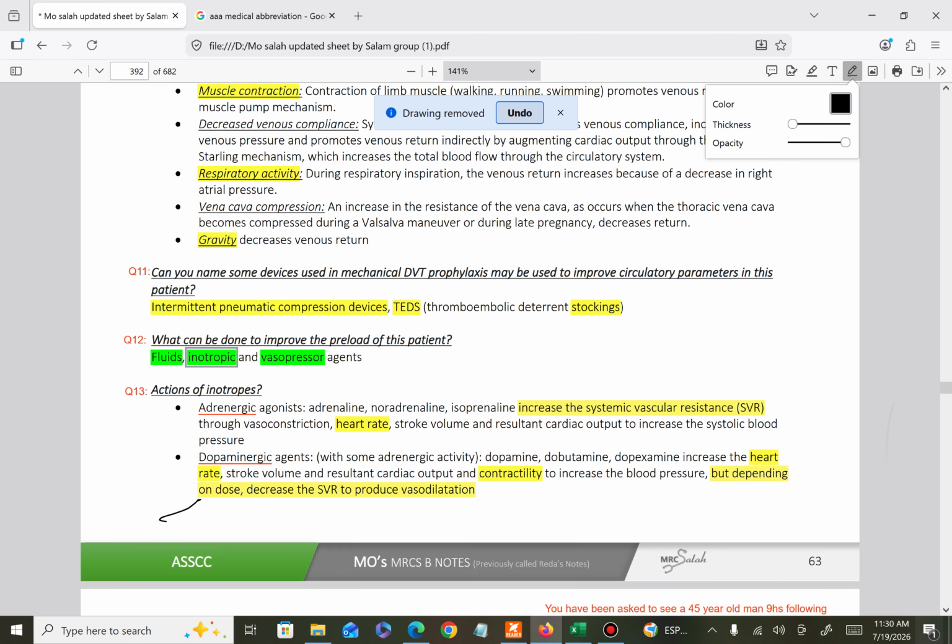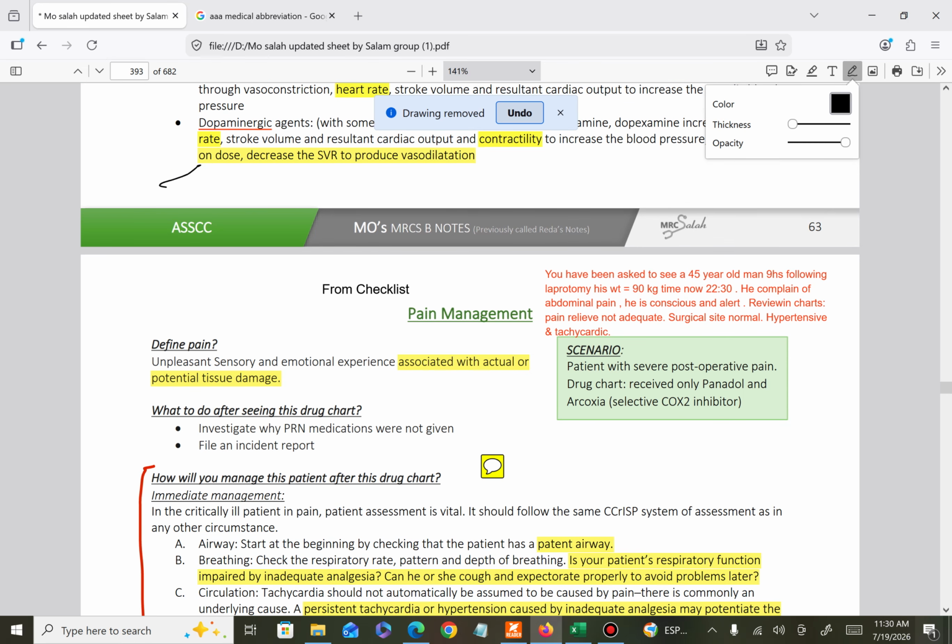Then the next station is pain management. The scenario is a patient with severe post-operative pain. On the drug chart he received only Panadol and Arcoxia, which is a selective COX-2 inhibitor. You have been asked to see a 50-year-old man 9 hours following laparotomy.